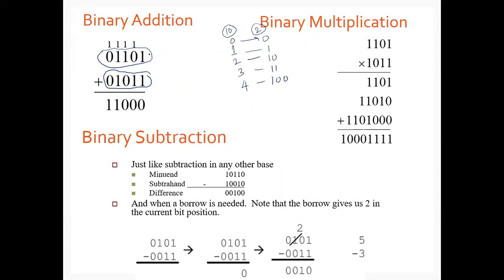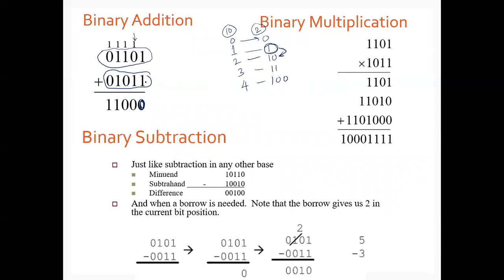So what is 1 plus 1? 1 plus 1 is 10, right? If you add 1 and 1, you get 10. So that's why you have 0 here, and you have the carry 1.